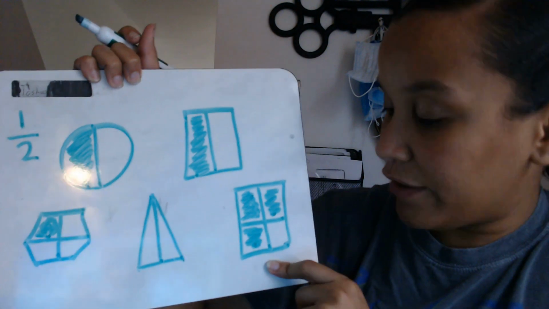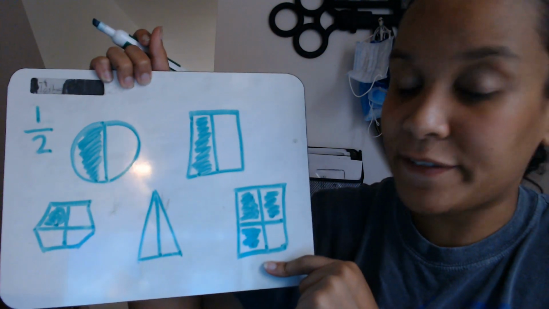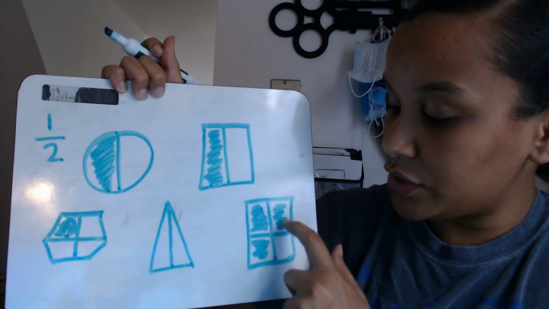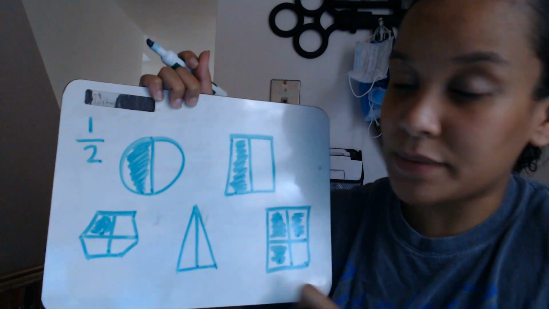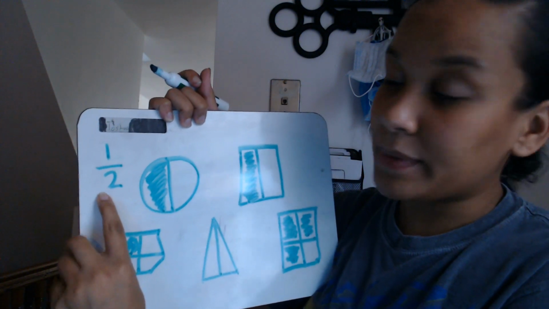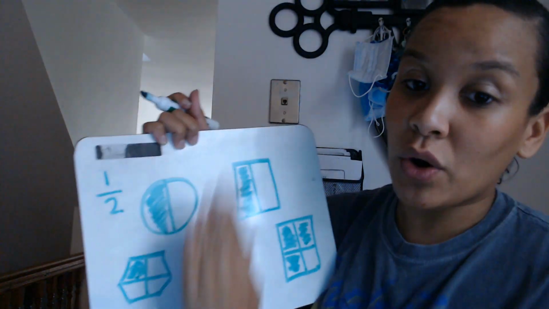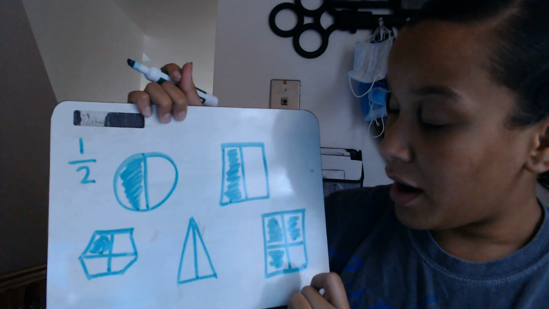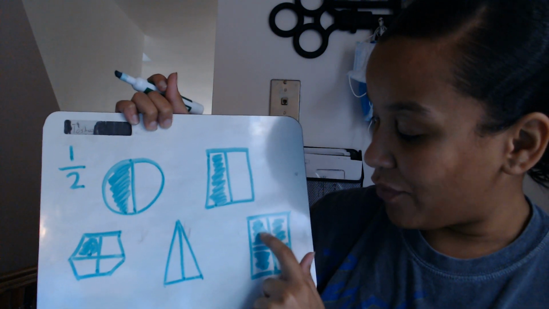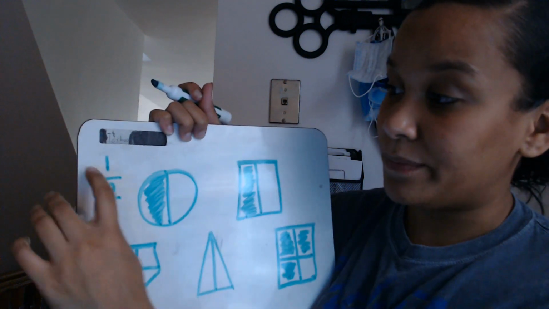Last, I have my rectangle square shape left. I have 1, 2, 3, 4 parts. We know parts is on the bottom. That so far does not match up, because you need 2 equal parts or 1/2 shaded in. And I have 1, 2, 3 parts shaded in.